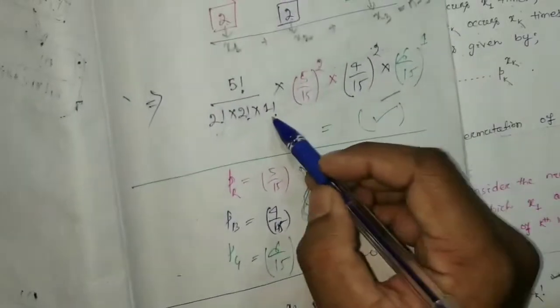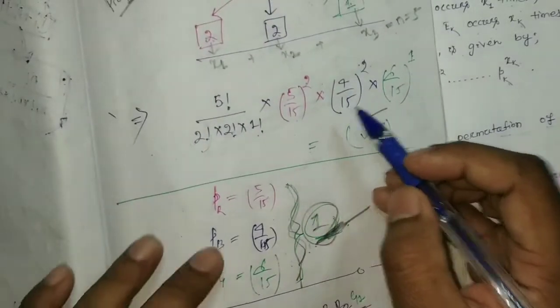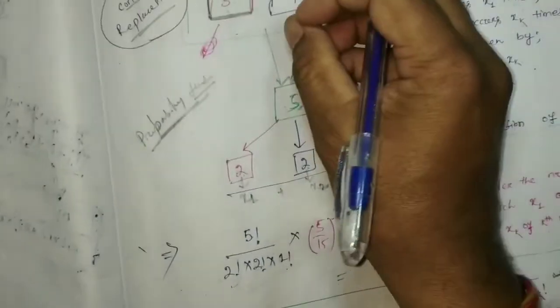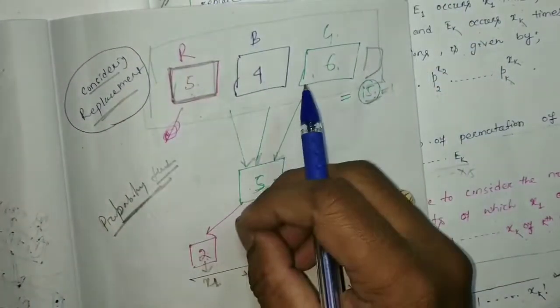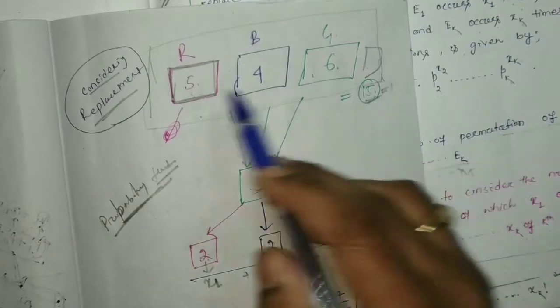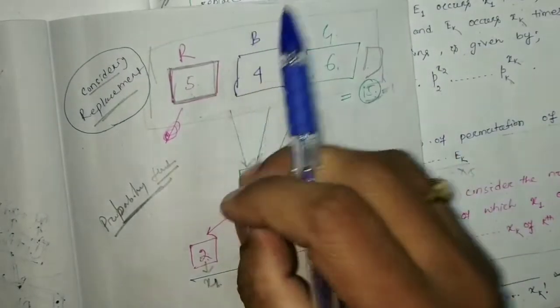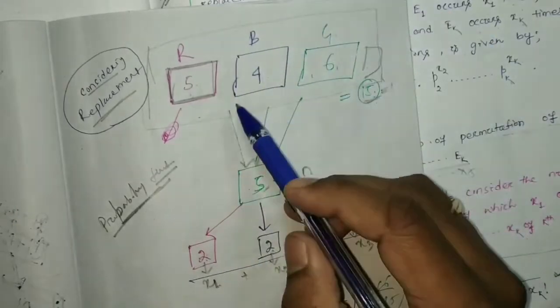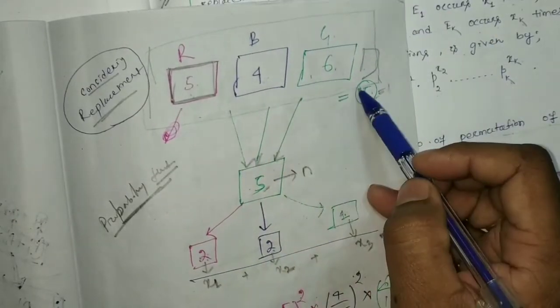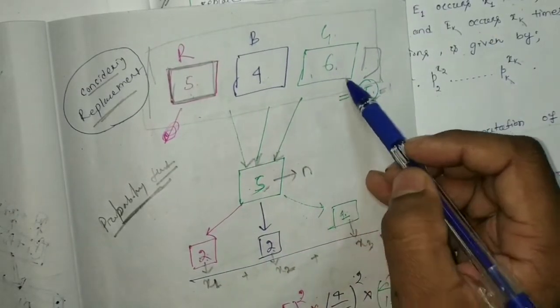So 1 factorial into, here you can see, if I draw a single ball, the probability that it will be red is 5 by total, 5 by 15. The probability of getting blue will be 4 by 15. The probability of green will be 6 by 15.